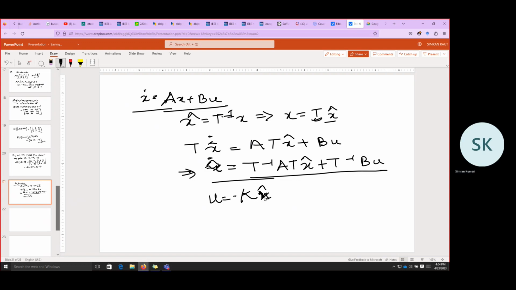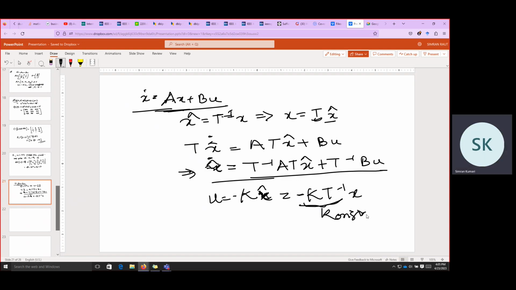Now for the original system, what would be the value of K? This will be minus K cap x cap, where x cap is P inverse x. So this would be the value of K for the original system, K cap P inverse.